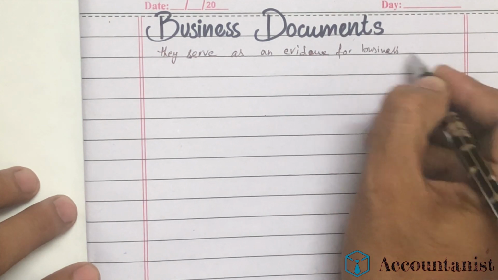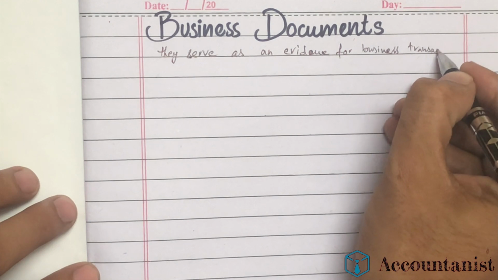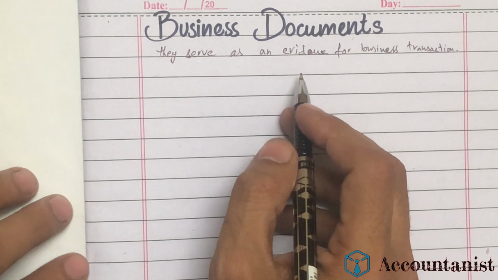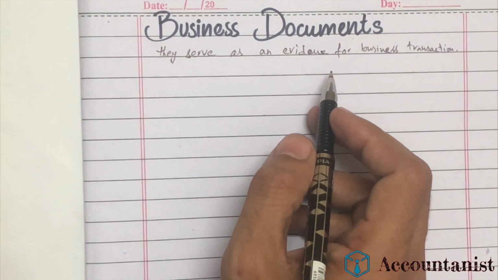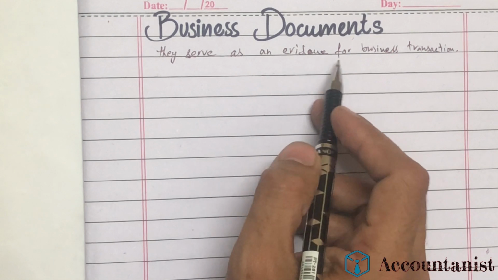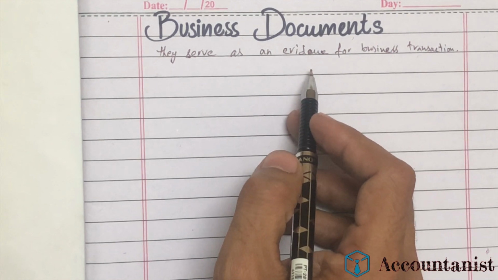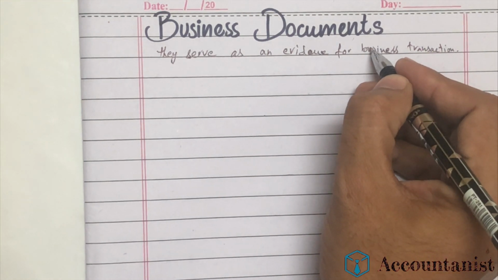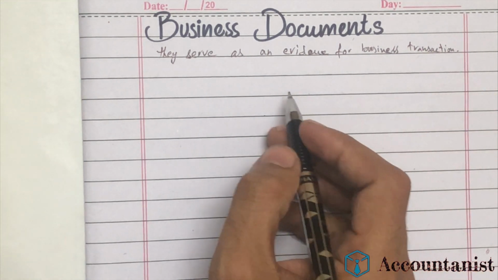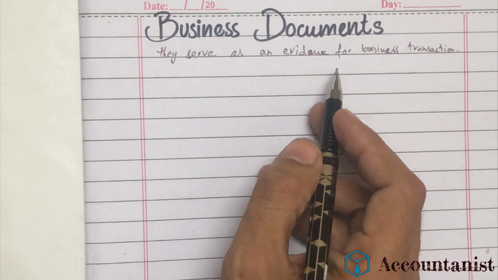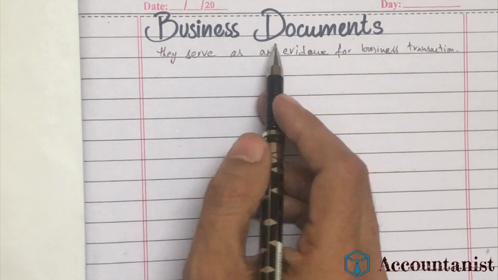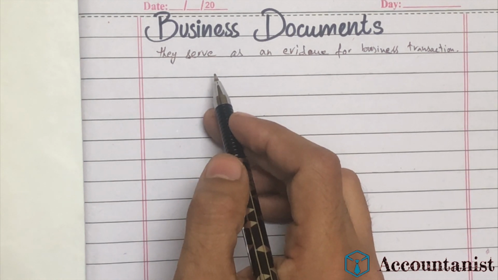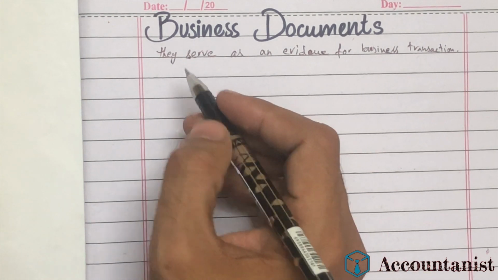Whenever any transaction is done in the business, we record it. If someone asks us, why did you record this transaction, where does this invoice come from, or why did you enter this amount, we'll have evidence of that transaction, and that will be in the form of business documents.